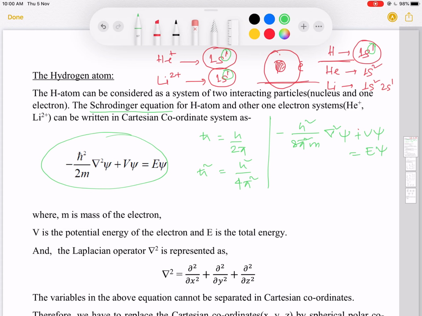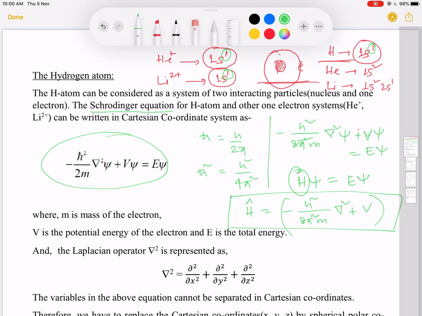This can also be written as H psi is equal to E psi, where H is nothing but your Hamiltonian operator. And this Hamiltonian operator is minus h square by 8 pi square m del square plus V. This part is your Hamiltonian operator.